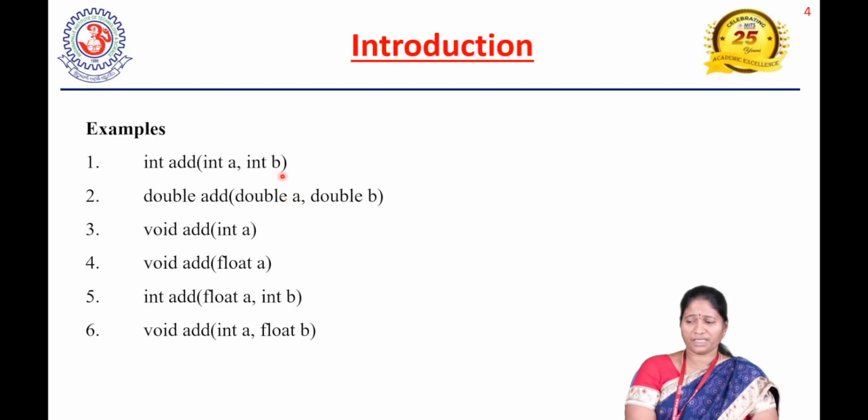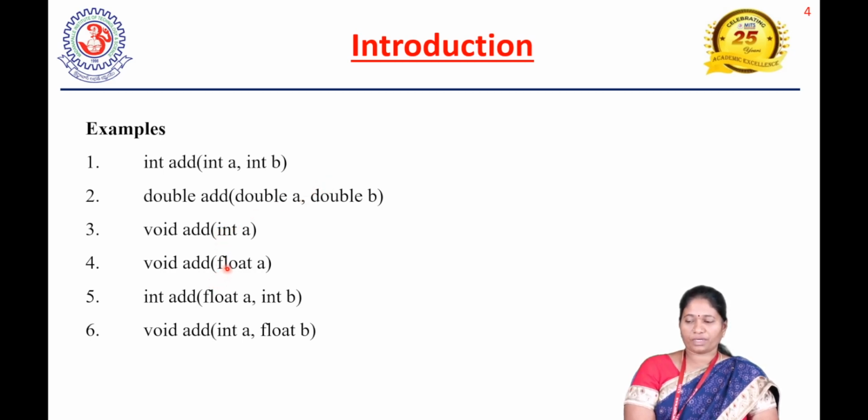But see here, the function name is also add, and it has two arguments but in different data types. This is the way the compiler will recognize. So these are functions with the same name but working with different functionality.